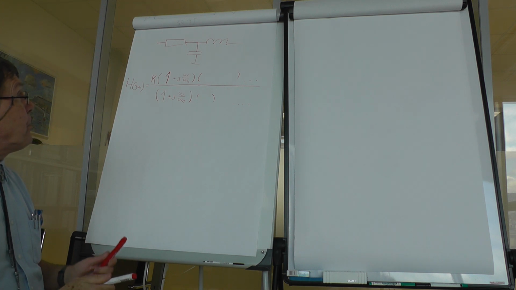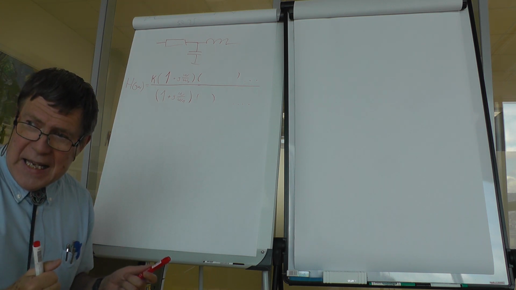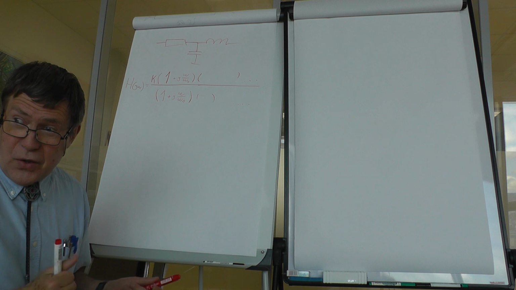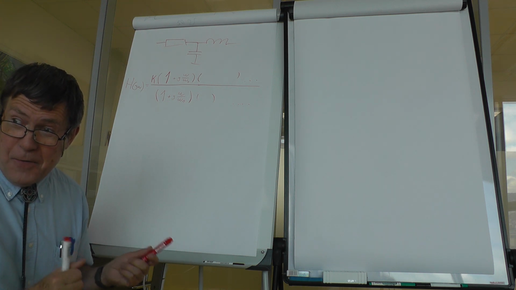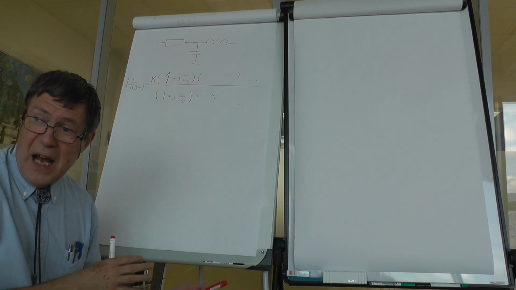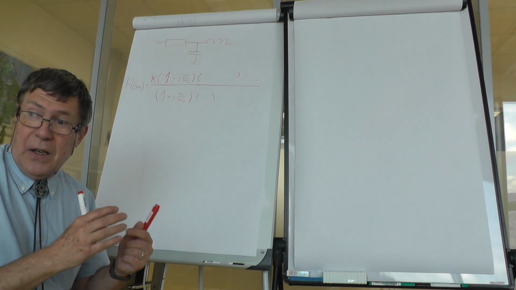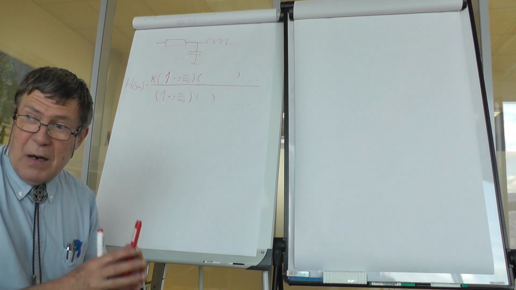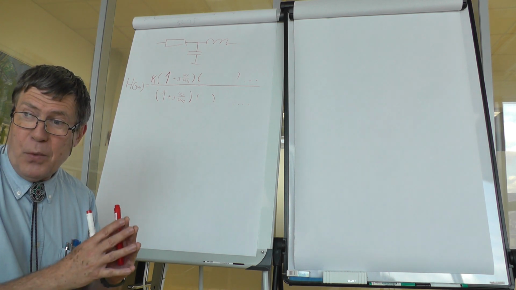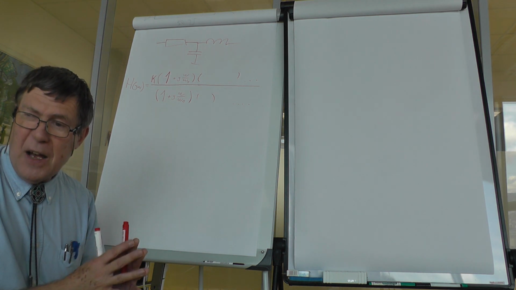And now, this is a real circuit that must have this frequency behavior, the transfer function. Now, how do we use that to decrease the number of frequency points at which we calculate the behavior of a circuit?